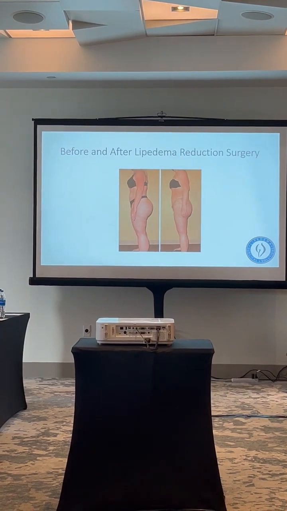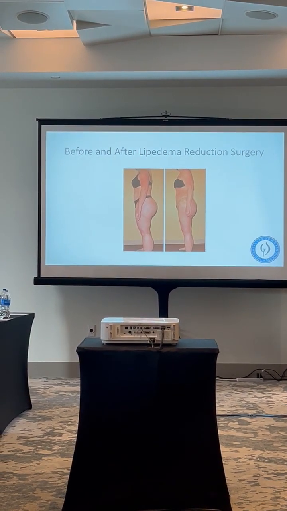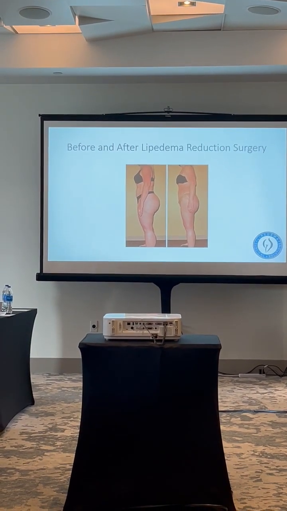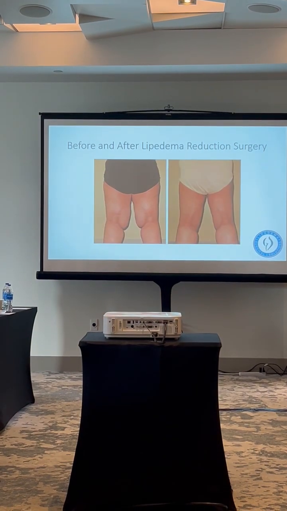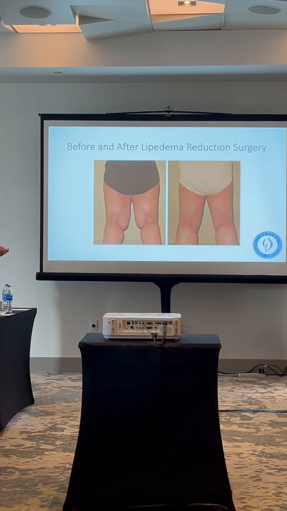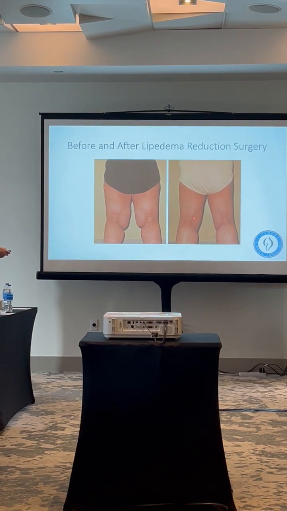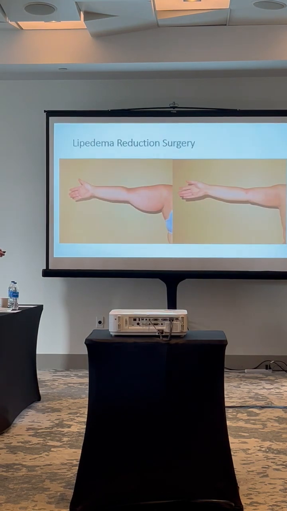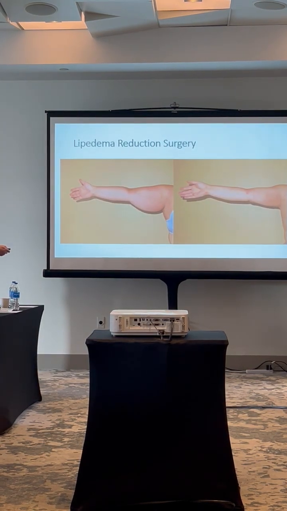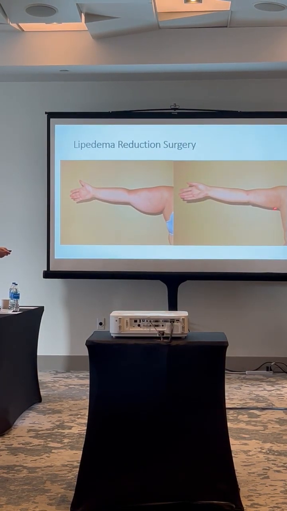This is just an overall picture of someone who's gone through several lipedema reduction surgeries. This is an example of a knee lobule here, and post-operatively the lobule is gone. This is an arm lobule, and post-operatively the lobule is gone.